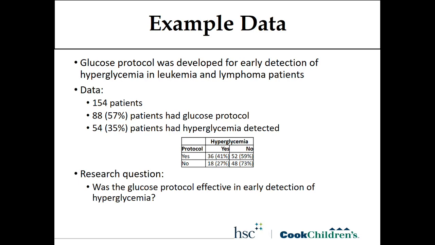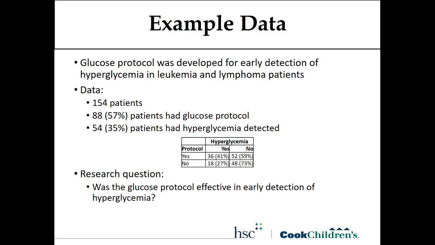In oncology, a nutritionist and one of the physicians developed this glucose protocol for hyperglycemia screening in patients who had leukemia and lymphoma. I'll get to the idea a little bit later, but first, the data.